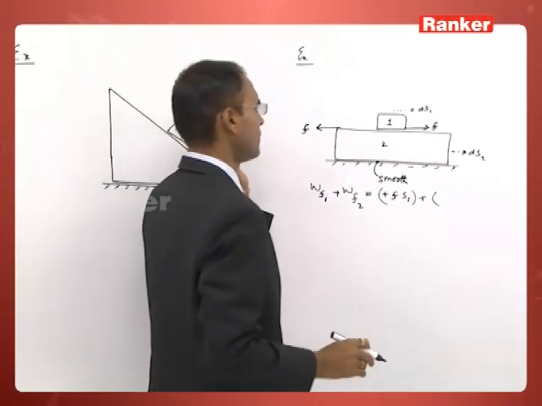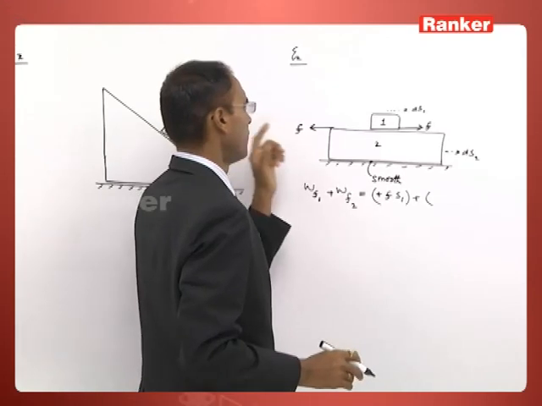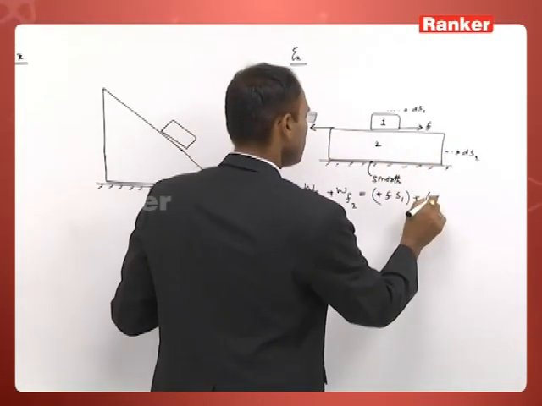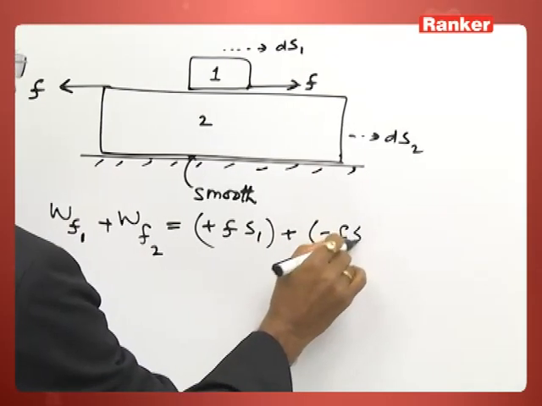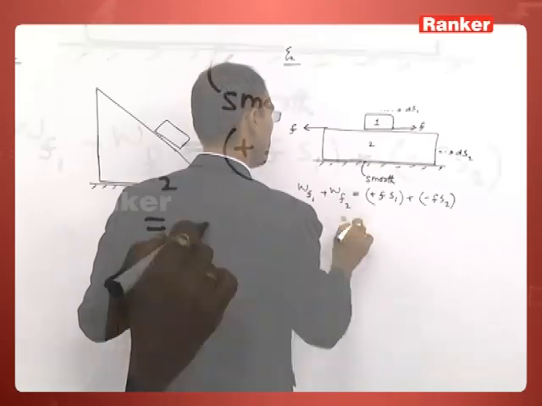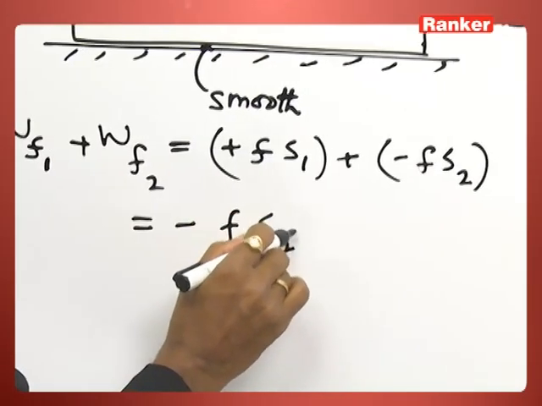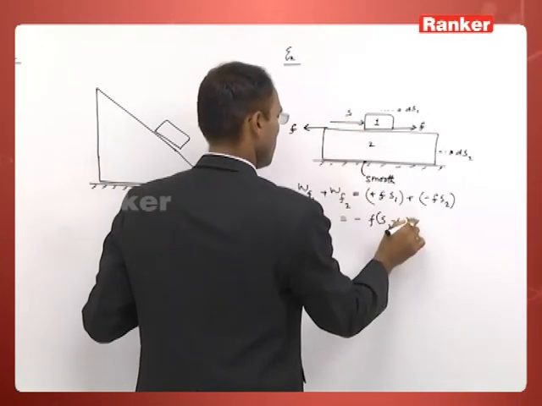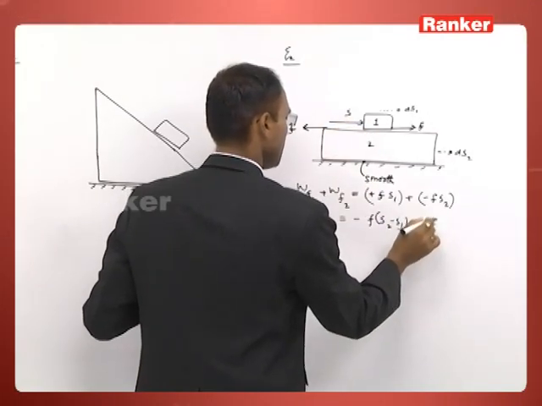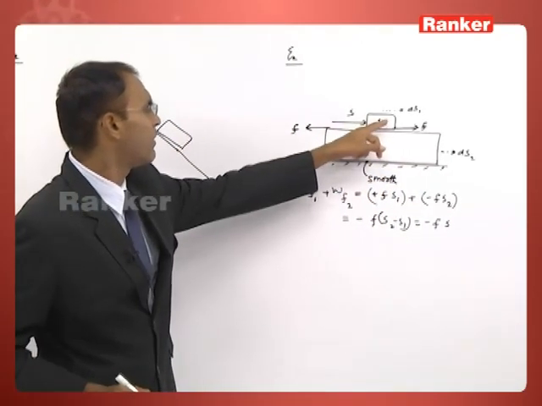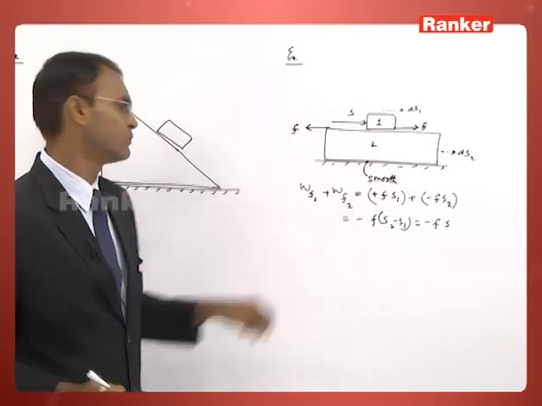Frictional force is oppositely directed with respect to the displacement, therefore it is minus F into S2. In this you are getting minus F (S2 minus S1). You can write minus F into S, where S is the displacement of block 1 with respect to block 2.